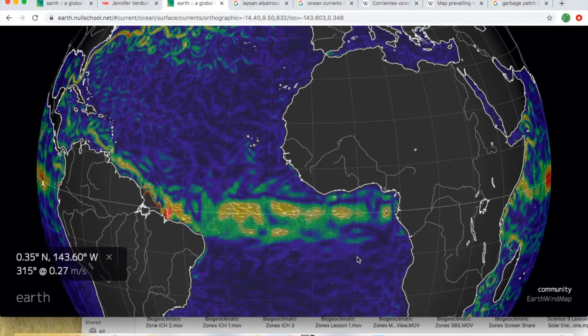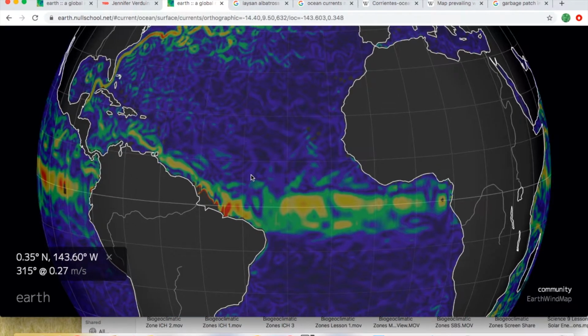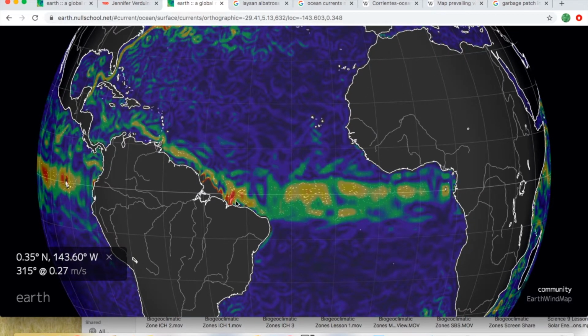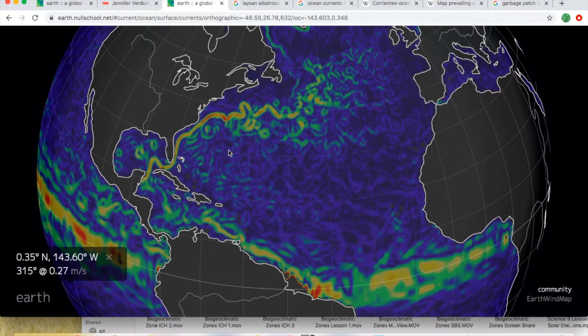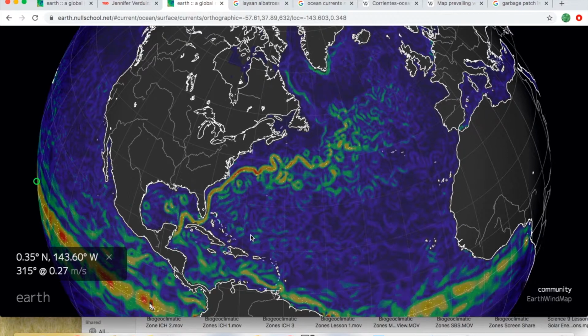All right, similar pattern. Look at this, ocean currents coming from the east going towards the west. They hit the Amazon Delta, which I find kind of interesting, what's going on there. And I have other ideas to explain that I could get into, but won't right now. But look what's happening here.